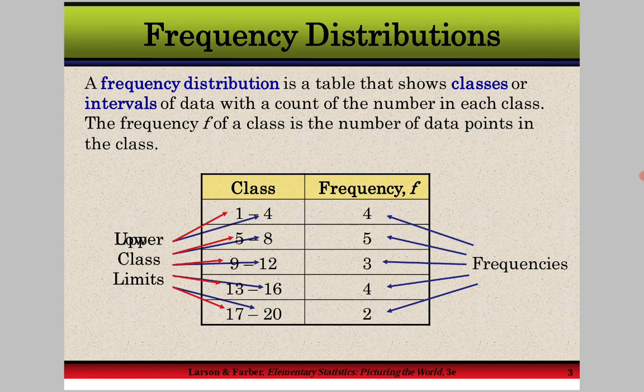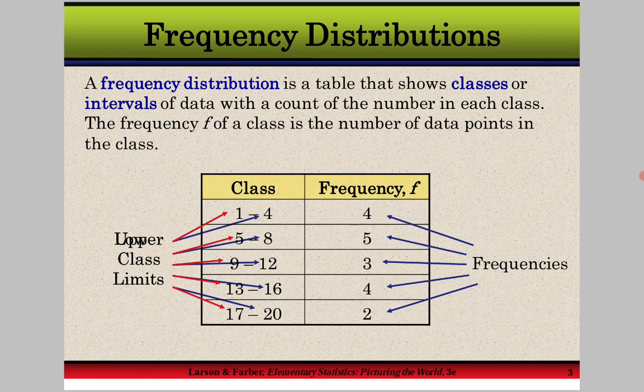What is frequency? Frequency means the number of data items which are held in that class interval. So in the class interval 1 to 4 there are 4 numbers, and in the 5 to 8 class there are 4 numbers, like that. So it is a class and frequency.